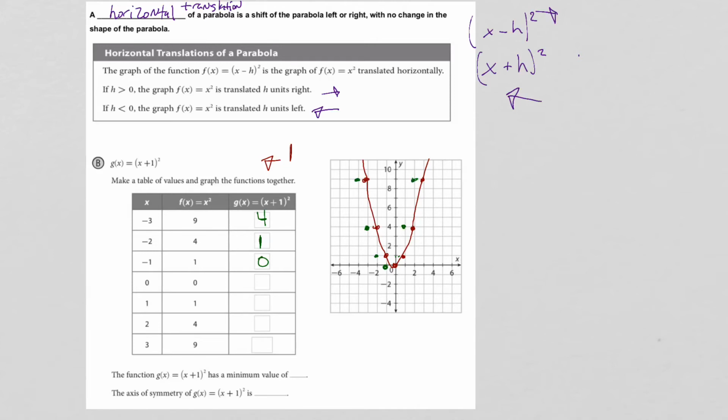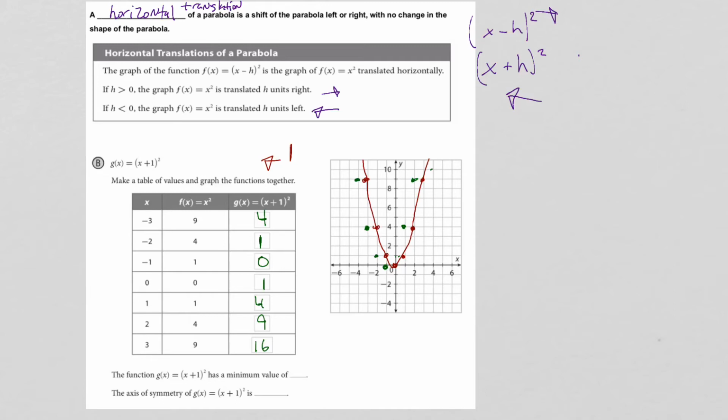When we're at 1, we're at 4, and 2, we're at 9, so everything has shifted over 1.